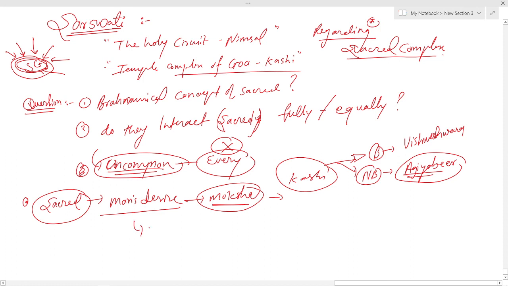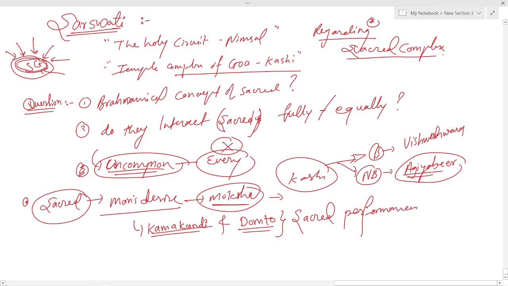Domto is untouchable and illiterate, whereas Karmakandi is literate and textually learned. So they perform sacred performances together.